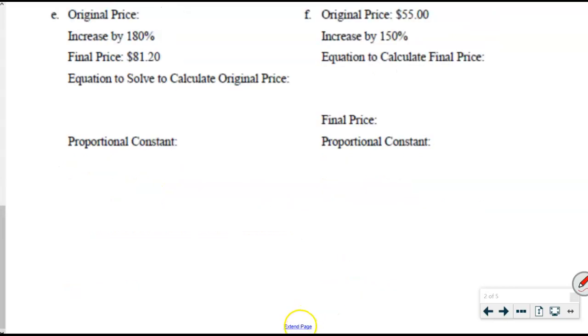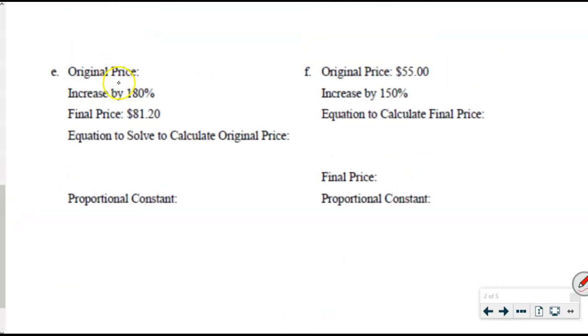Okay, we really started seeing some interesting numbers here. An increase of 180%. I don't know what the original price is, so when I don't know that original price, it looks like I'm going to be using probably a variable x. But I know that I'm going to start at 100%. It's going to increase 180%. That's going to give me 280%. We don't see that very often.